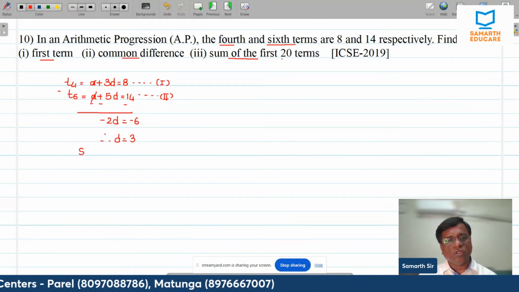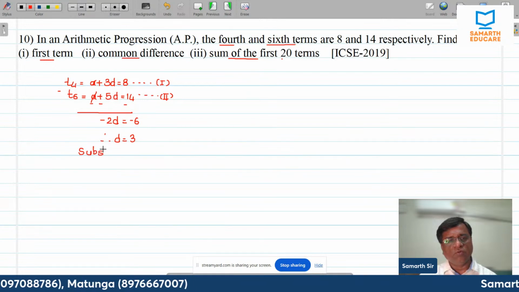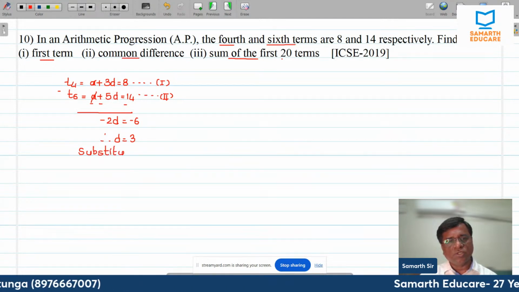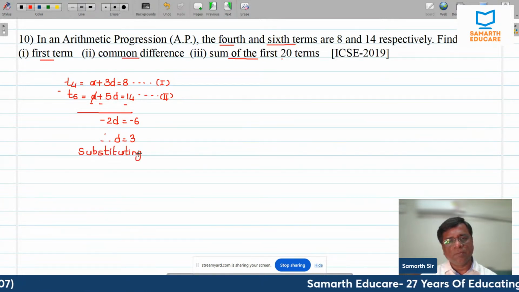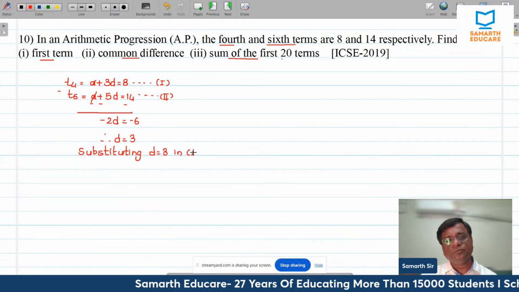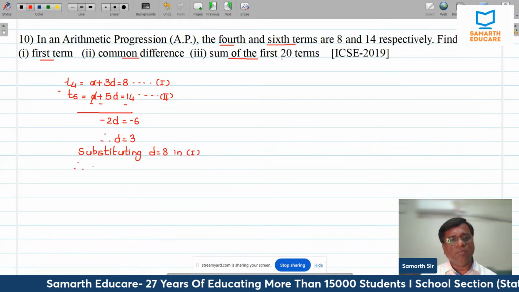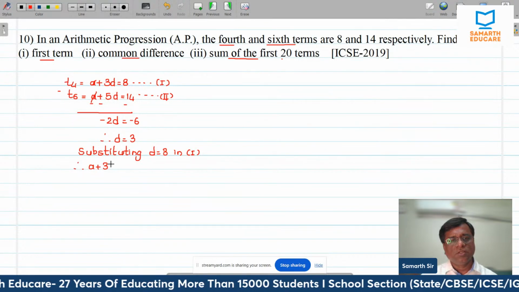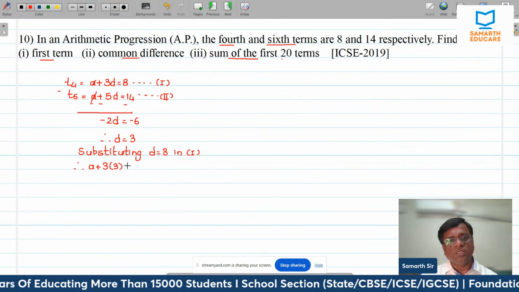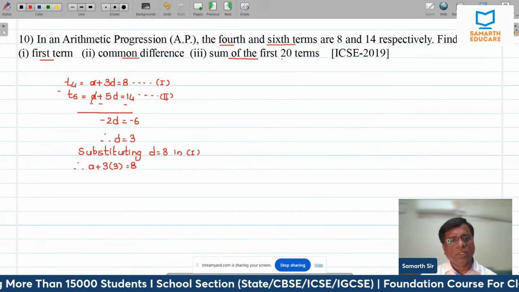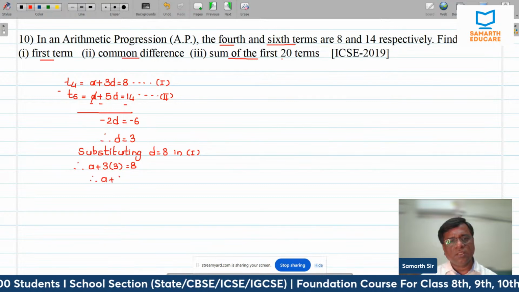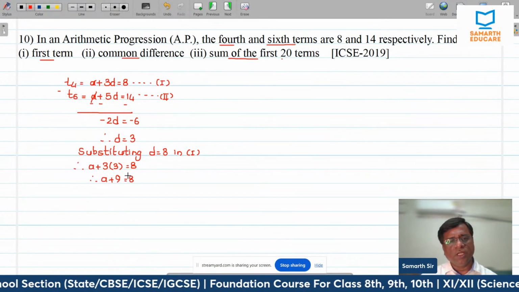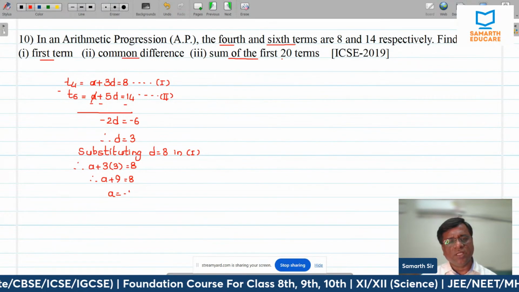If we substitute D equal to 3 in equation 1, we get A plus 3 into 3 is equal to 8, so A plus 9 is equal to 8. The value of A is minus 1.